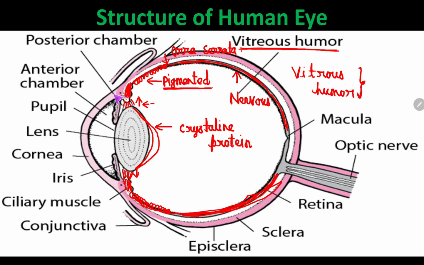Then you see, this is the cornea of the eye. Between cornea and lens there is another chamber. This chamber is called the aqueous chamber, or we call it the anterior chamber. This aqueous chamber has a fluid that is called aqueous humor. Aqueous humor is a kind of fluid that forms throughout life.